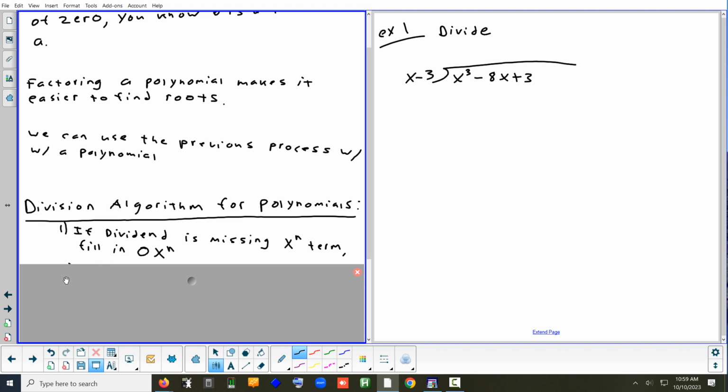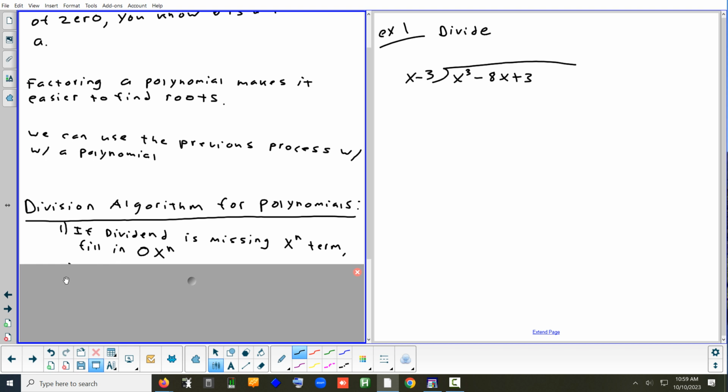So the first step is basically just setting it up. When you are doing long division or synthetic, you have to make sure that the dividend, which is the part underneath the symbol, has every single term from the highest exponent to the lowest represented. So we've got a cube term, we've got a first power term, and we've got a constant.